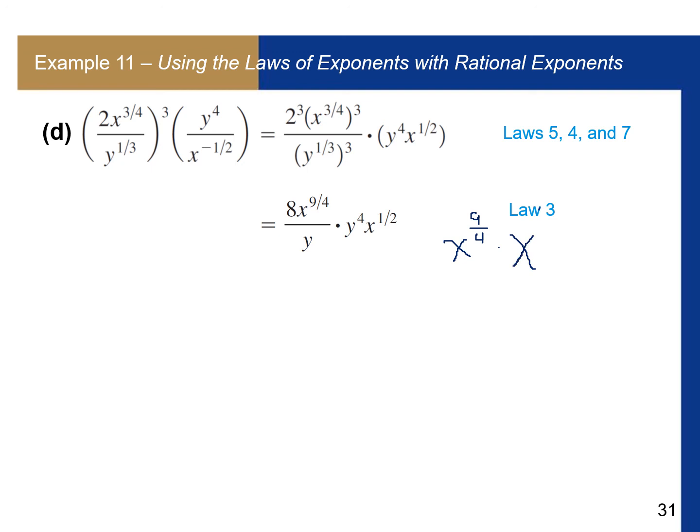So I'm going to make that 1/2 2/4 to make it a common denominator. My 2's looking a little weak, sorry. Let me go back up here and fix it. Okay, and so this would be my x to the 11/4.